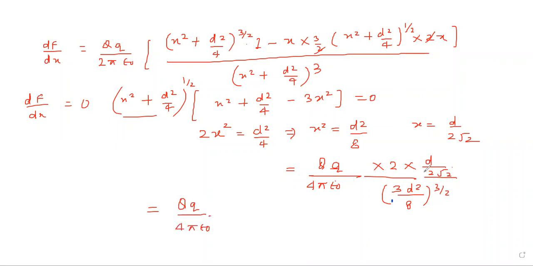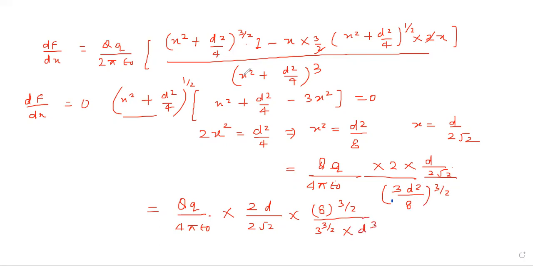From here, this 2 will cancel out, or we can retain it. 2d divided by 2 root 2 times 8 power 3 by 2 divided by 3 power 3 by 2 into d cube.